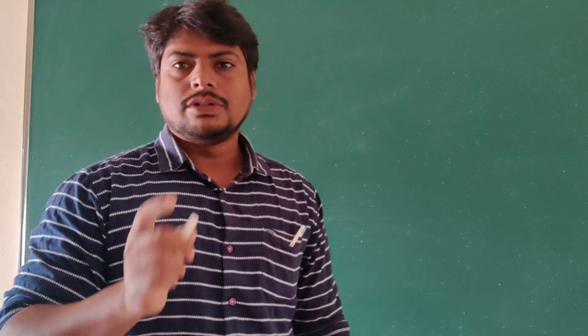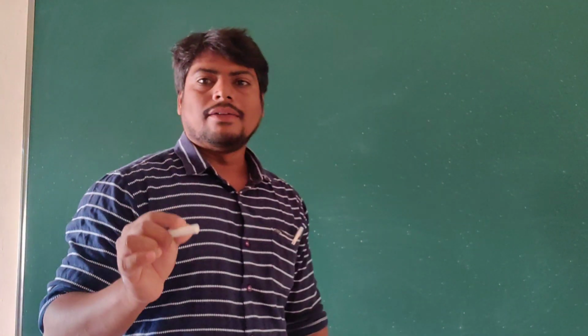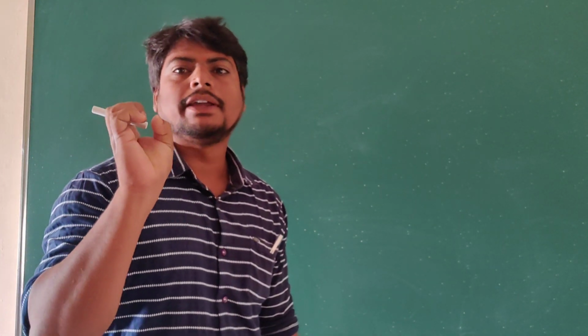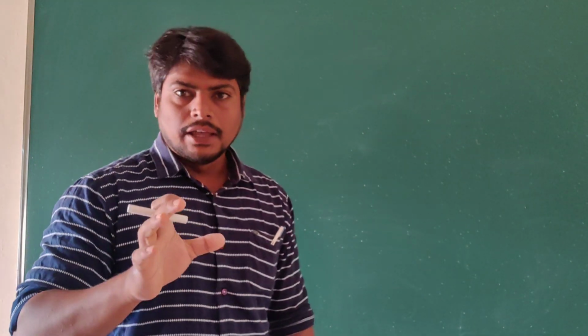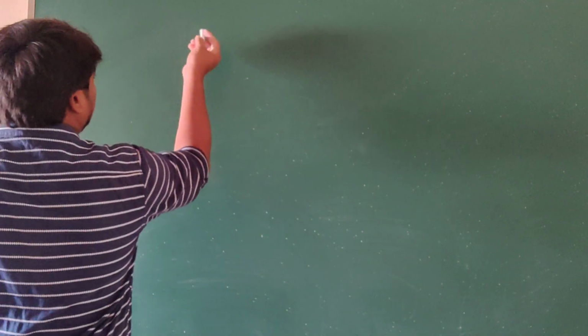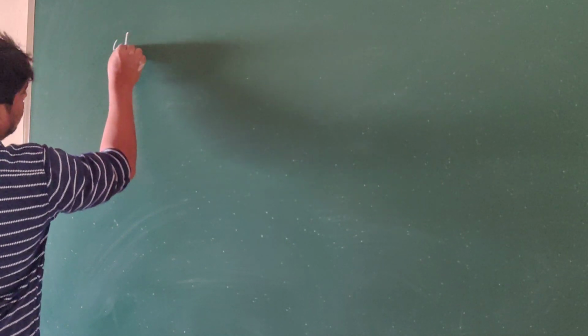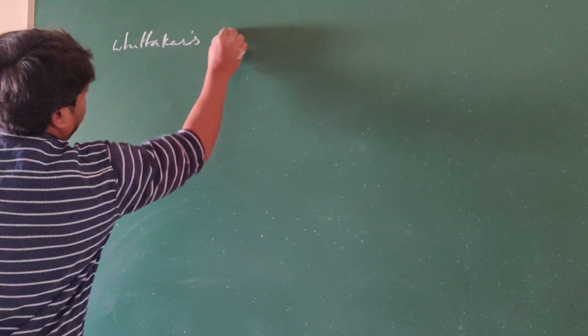We are discussing diversity in the living world. From this video onwards, we would like to discuss the different kingdoms made by Whittaker. We are going to discuss Whittaker's classification.